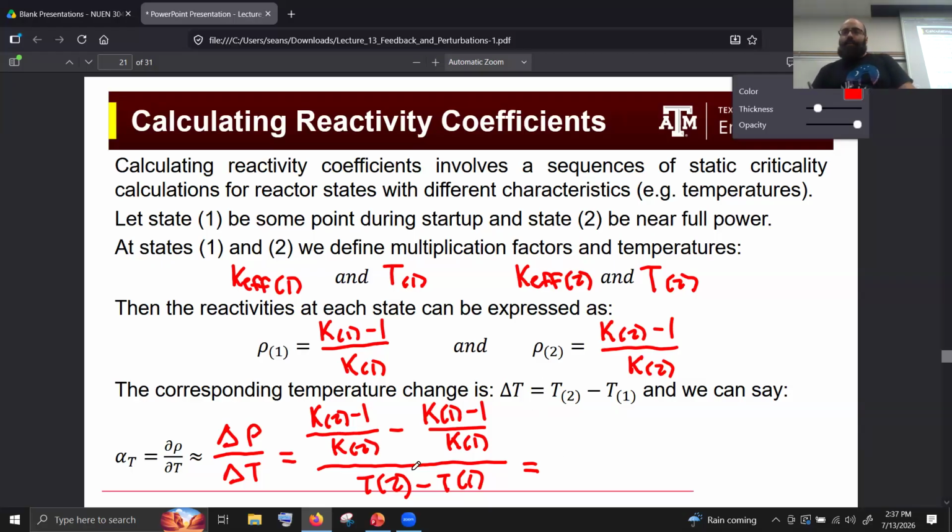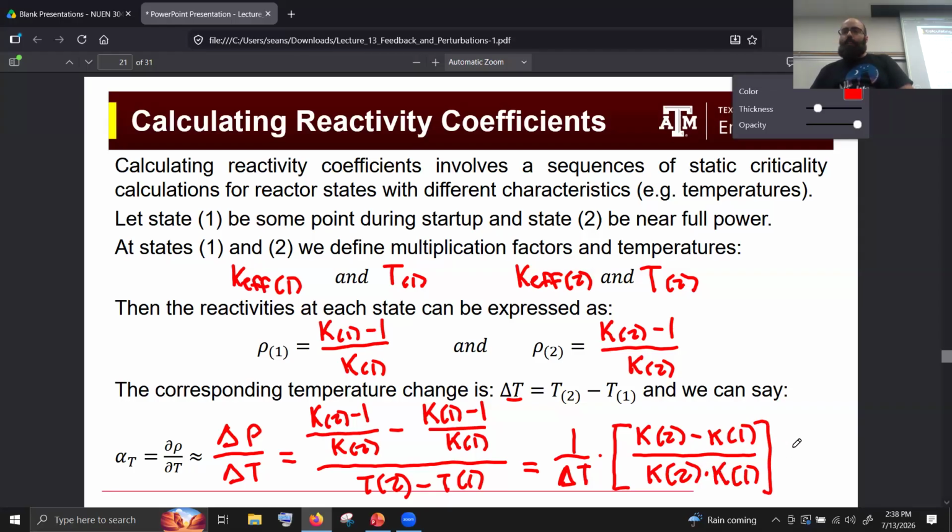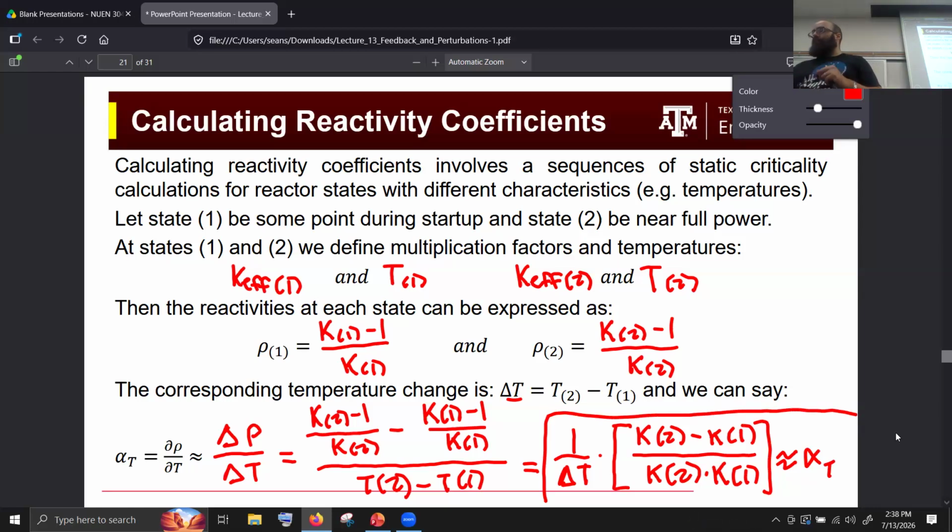The way this will end up looking, this T2 minus T1 is just my delta T. So this is going to be 1 over delta T times, and then in the numerator, I'm just going to end up with K2 minus K1 over K2 times K1. So that would be how I could approximate my alpha T, just knowing information about those initial and final states. That would be how I could approximate that temperature coefficient.